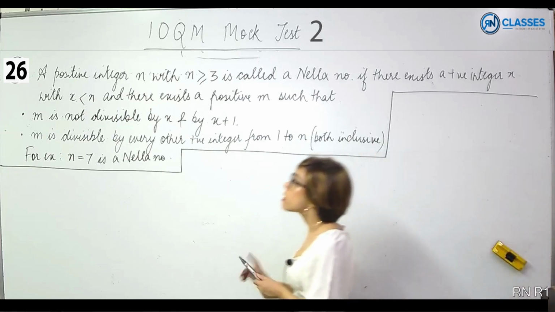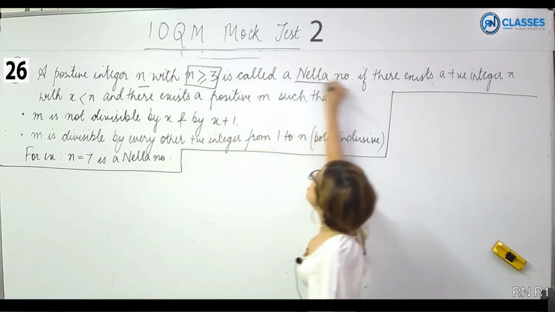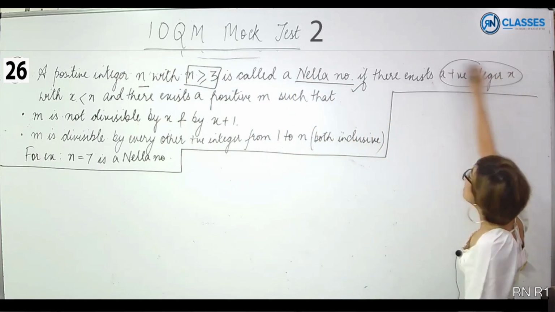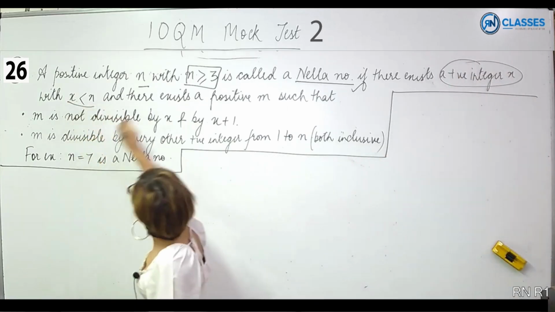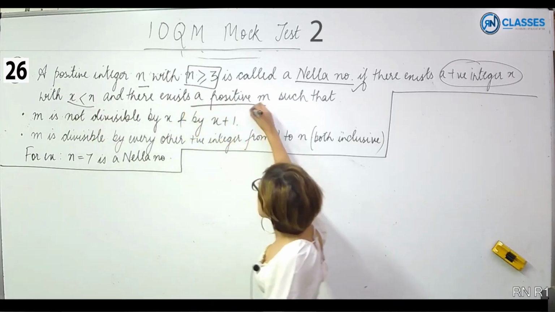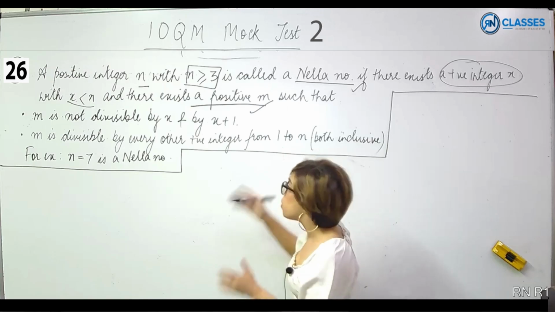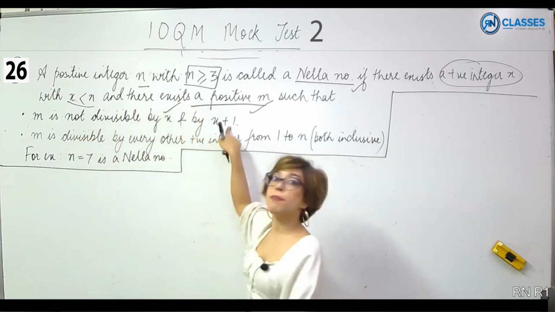Now he says a positive integer n, with n greater than or equal to 3, is called a Nella number if there exists a positive integer x, where x is less than n, and there exists a positive integer m such that two conditions hold.